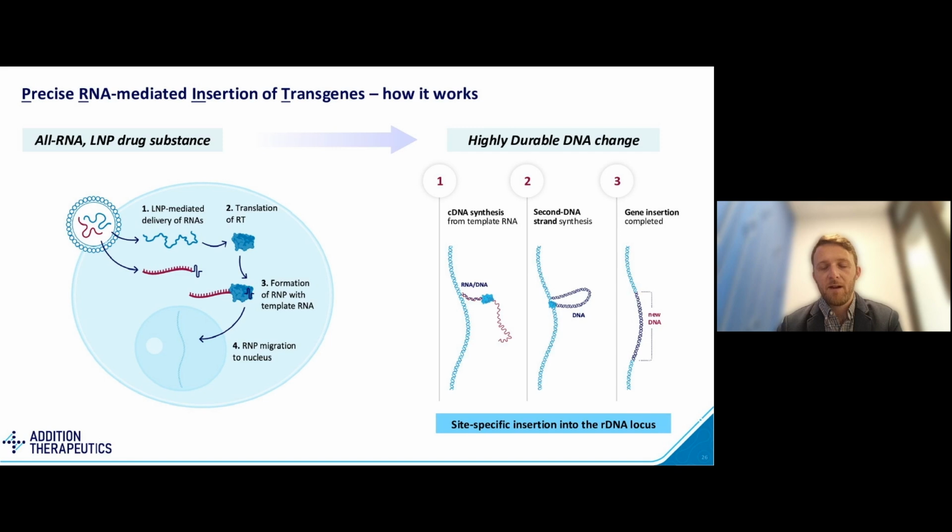Once there, R2 finds its target site in the rDNA, forms a single-stranded nick, and then uses that flap to serve as a primer and start cDNA synthesis using the RNA as a template. From there, once it has its full cDNA synthesized, it will do a second strand nick and second strand synthesis. And once those ends are repaired, you have your full complete gene insertion into the target site in the rDNA.